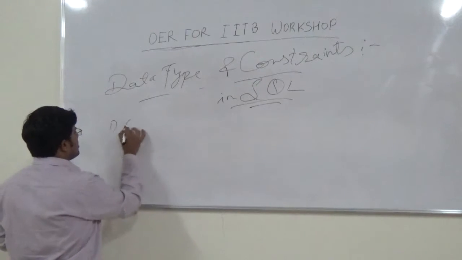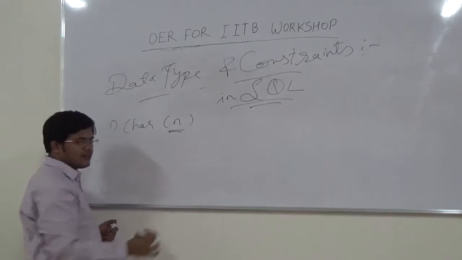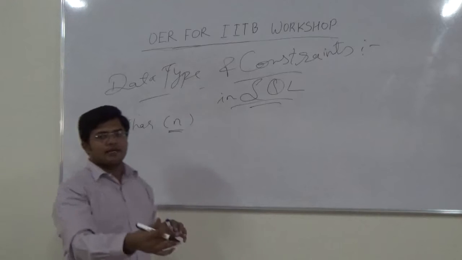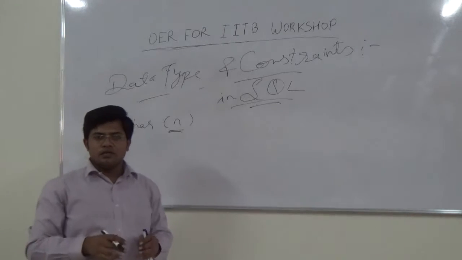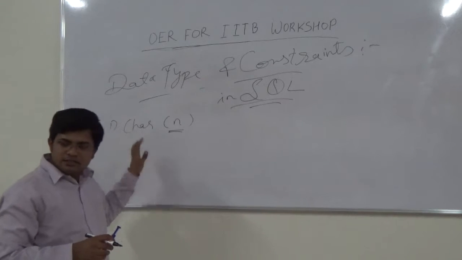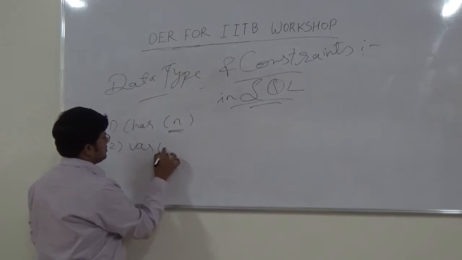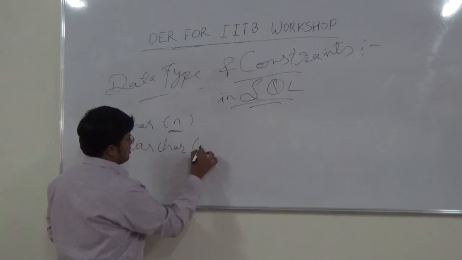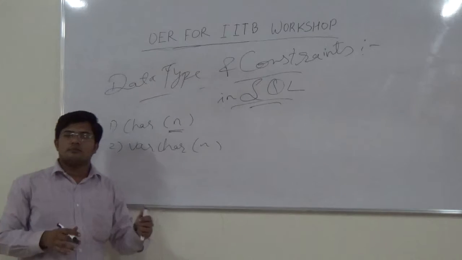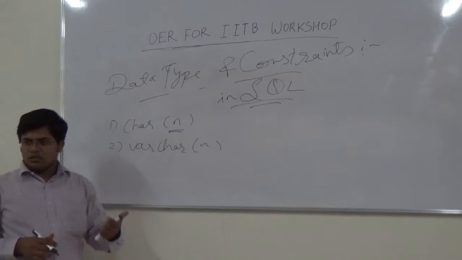First one is char, the character type. We can specify how many characters we are going to bundle together. Char is for characters, our alphabets. Then the next one is varchar, which represents a variable number of characters.